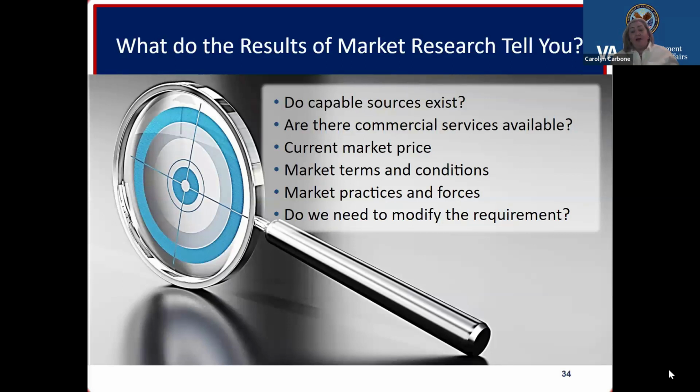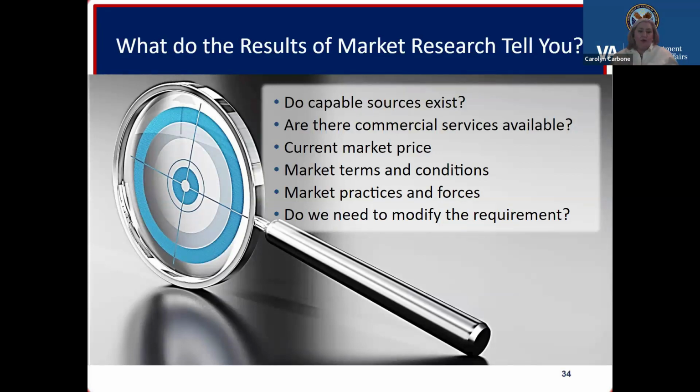We might be trying to solicit for something that's going end of life, and there might be something that's replaced it, or there might not be any more maintenance for that. So we might have to look into just replacing what we already own and then buying a maintenance package. So it can tell you a lot of things.